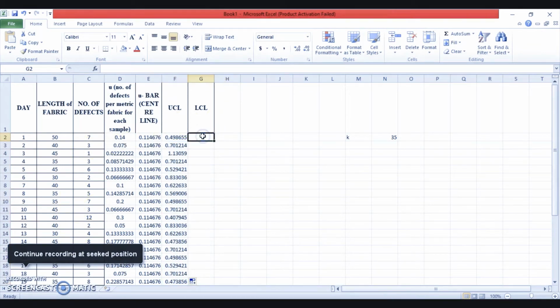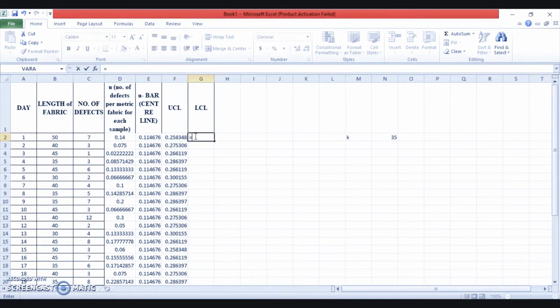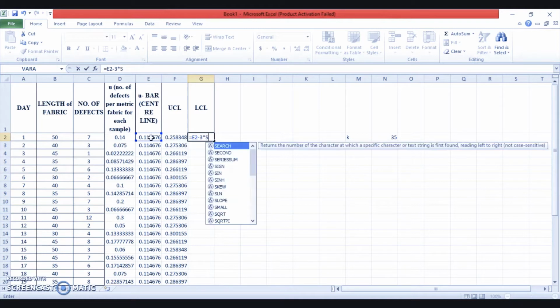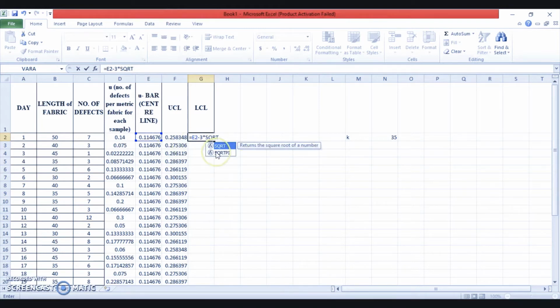For the lower control limit also, we are going to write down here. For the lower control value, again using the same formula but with a difference, U bar value minus 3 into square root of U bar divided by the N1 value.